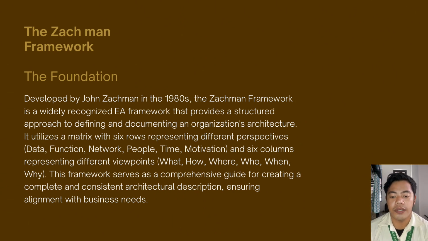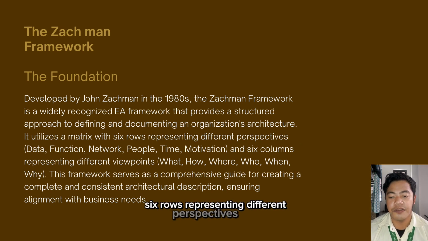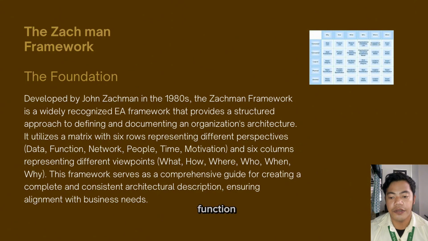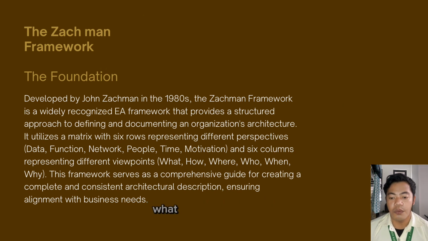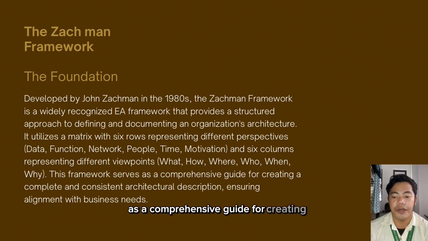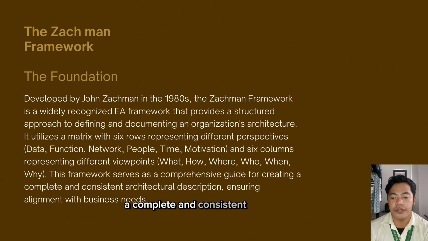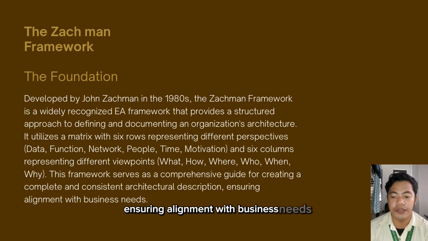It utilizes a matrix with 6 rows representing different perspectives: data, function, network, people, time, motivation, and 6 columns representing different viewpoints: what, how, where, who, when, why. This framework serves as a comprehensive guide for creating a complete and consistent architectural description, ensuring alignment with business needs.